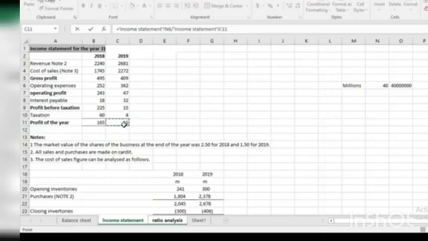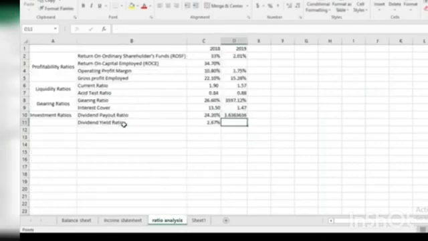After pressing enter, we have the answer of 3.63636363. So we will convert it into a percentage and increase the decimals. So 363.64 percent is the dividend payout ratio.